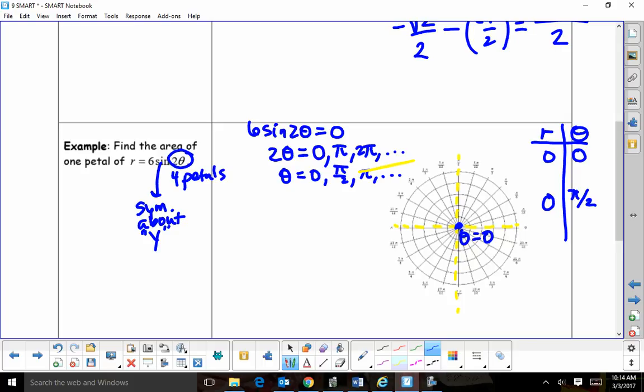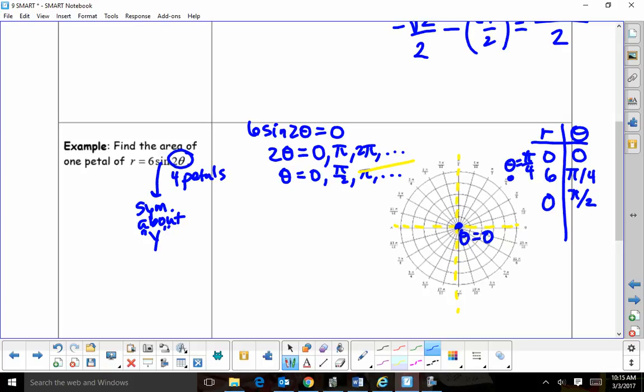What would be a good one to plug in? Pi over 4 is very good because when I plug it in, it's actually going to be pi over 2 because I'm multiplying by the 2. So sine of pi over 2 is 1, and then times the 6 gives me 6. So at pi over 4, 1, 2, 3, 4, 5, I'm at 6.